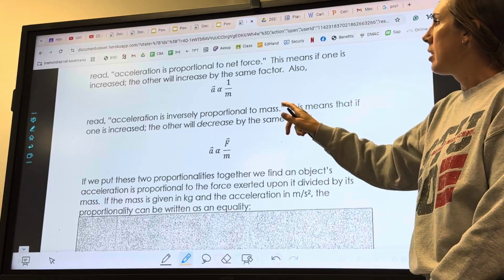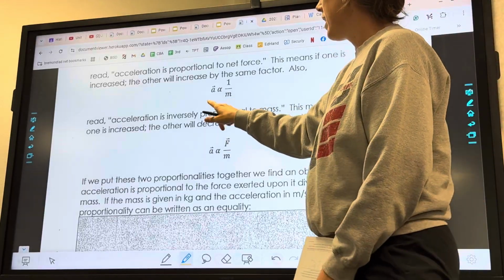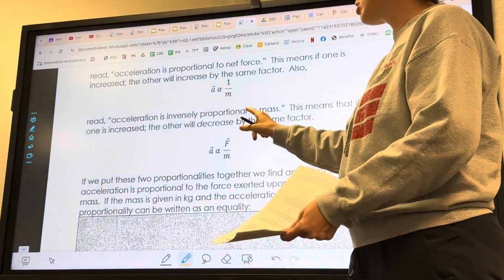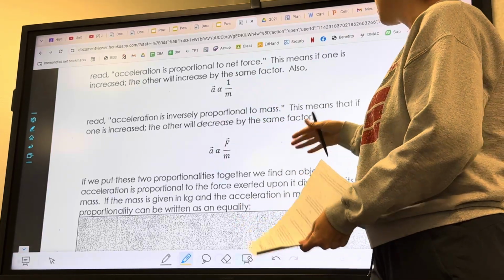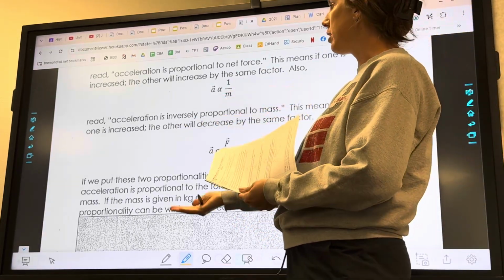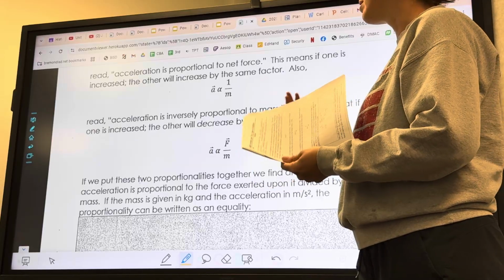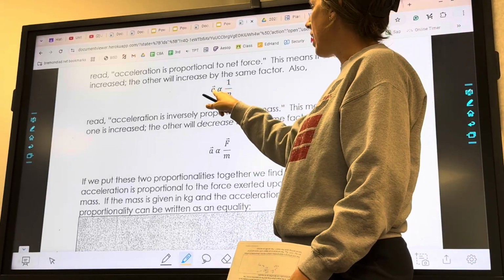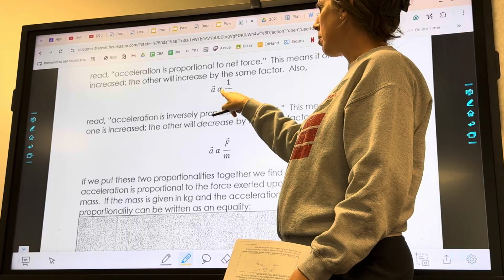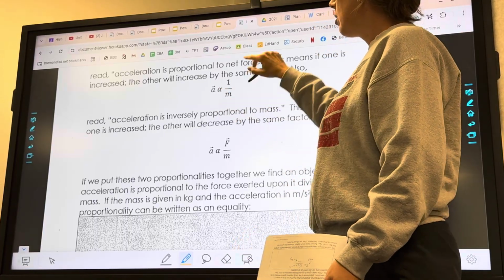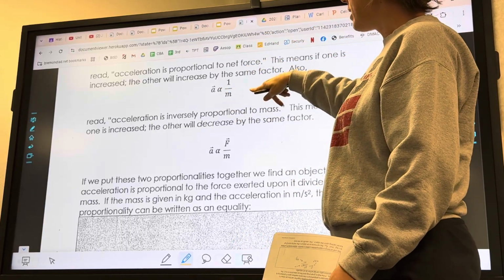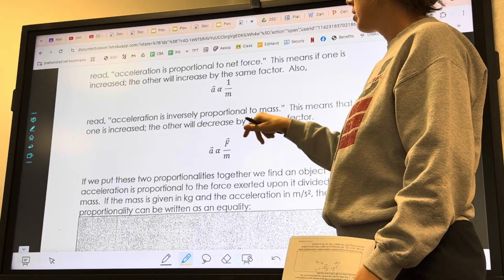So if you read something, acceleration is inversely proportional to mass, this means that if one is increased, then the other will decrease by the same factor, and it's the same for force. So ready? We have acceleration is proportional, but when you put it in the denominator, it means inversely, okay?